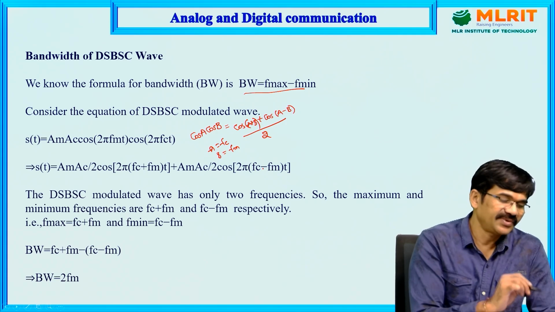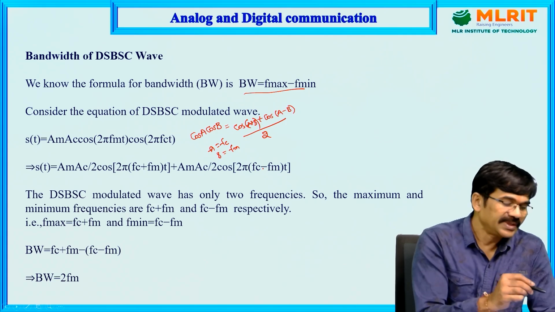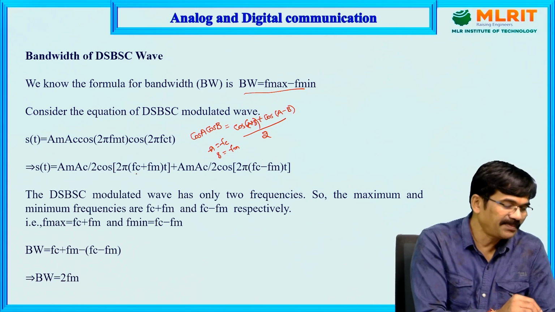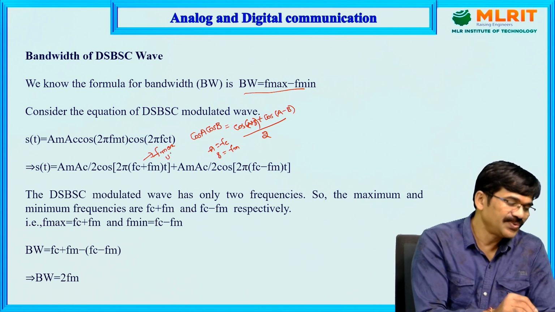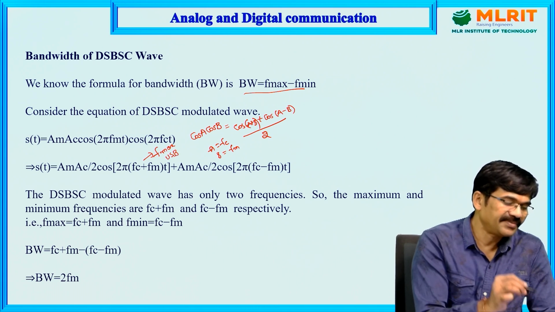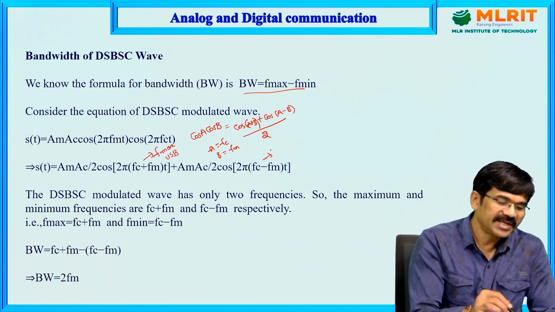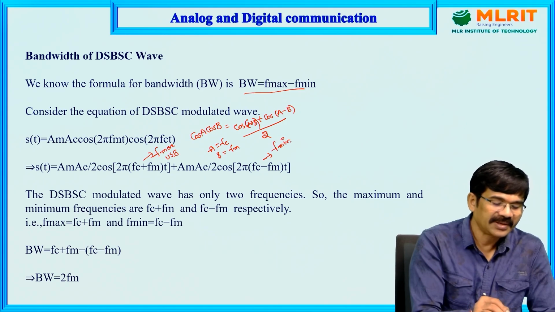This expression we are getting. In this expression, fc plus fm we are calling f max, which is nothing but the USB, upper sideband, and this term we are calling f minimum, which is nothing but the LSB, lower sideband.